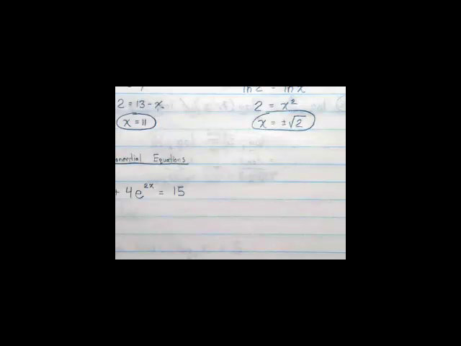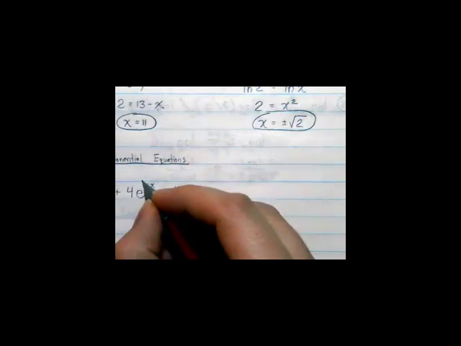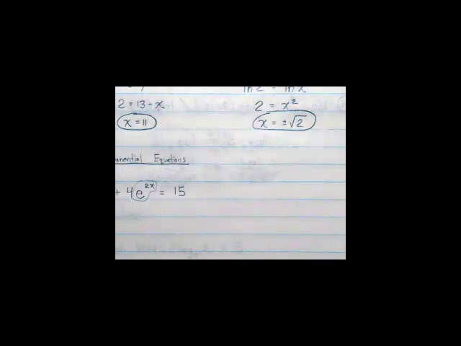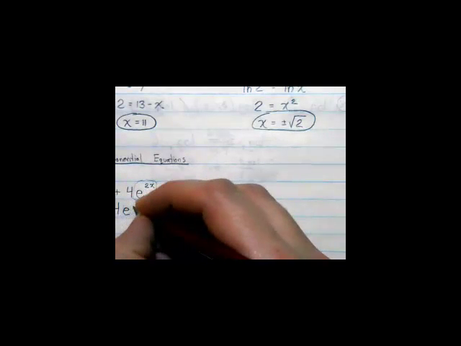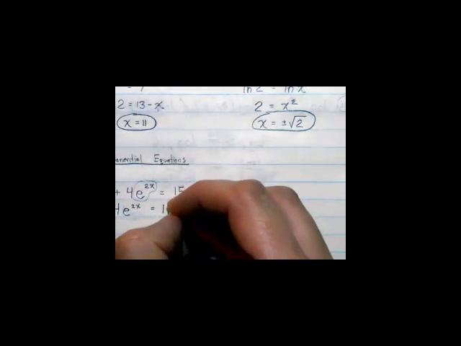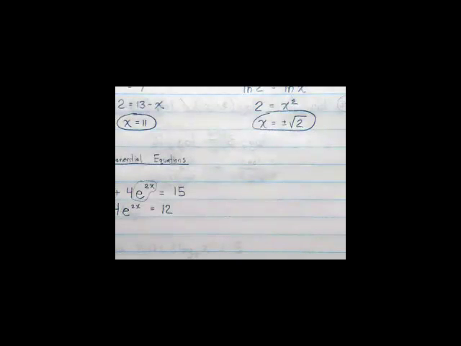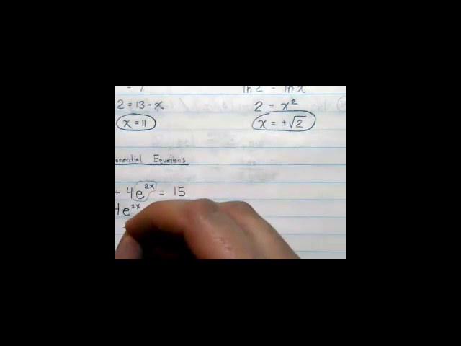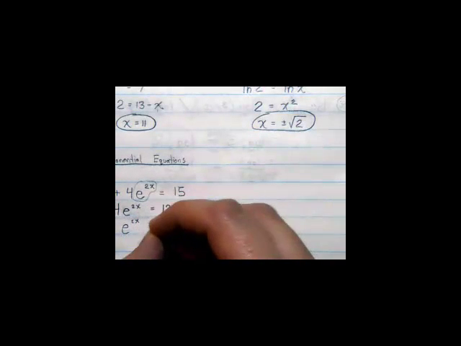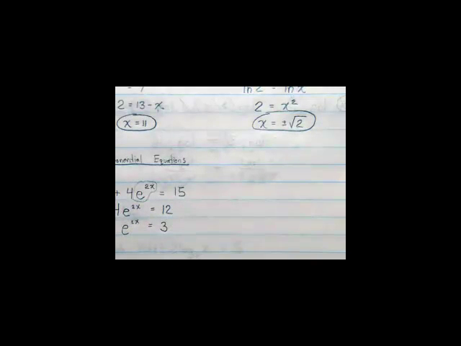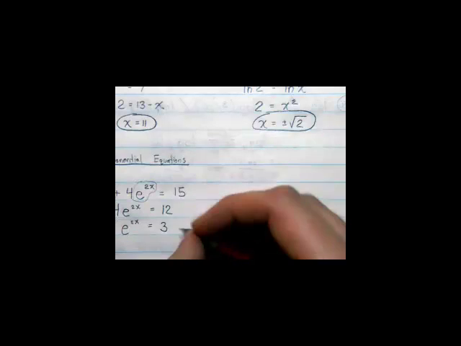What would be the steps you'd have to do to get just this piece right here by itself? So now we're at 12, and then divide by 4. So here's where we've isolated the exponential.